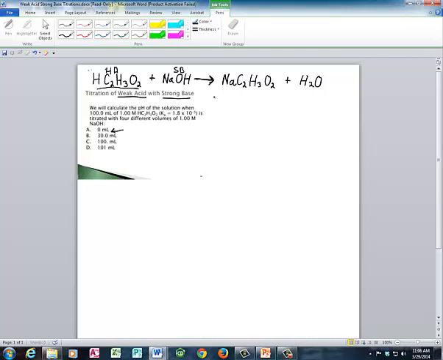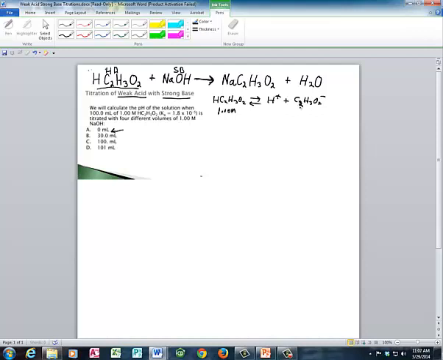So my weak acid is just acetic acid, HC2H3O2, and since there's just a 1 molar concentration of that weak acid, I can do the calculation for the pH using my ICE table, H plus and C2H3O2 minus.